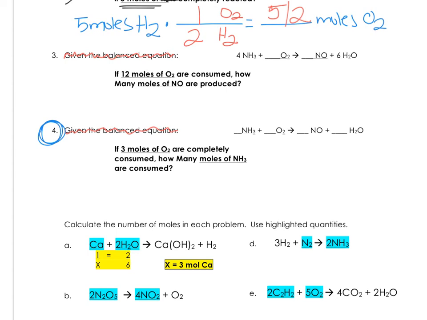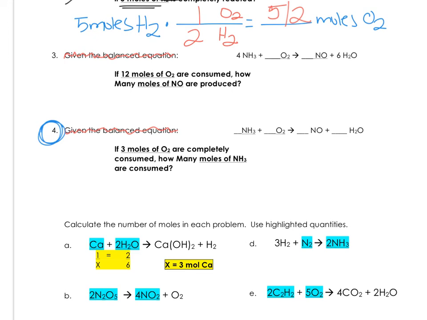So let's look at number 3. I crossed off given the balanced equation because clearly this is not balanced. So the first step that we need to take here is to actually balance that reaction, because if I don't have the coefficients, I can't properly do this. So I'm going to see if everything is balanced.